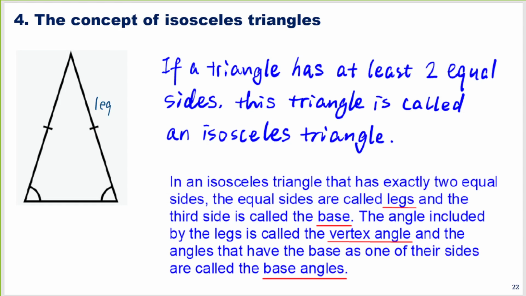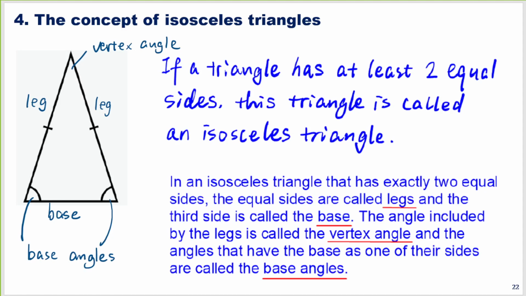So this is called a leg. This is another leg. And the third side is called the base. The angle included by the legs is called the vertex angle. This is the vertex angle. And angles that have the base as one of their sides are called the base angles. So these two angles are called base angles.